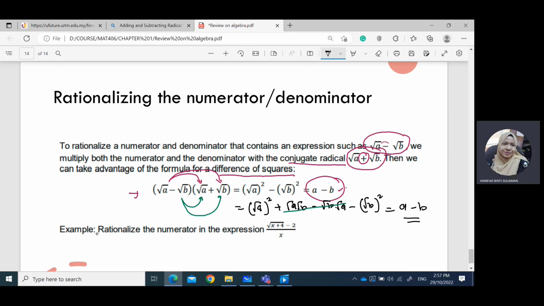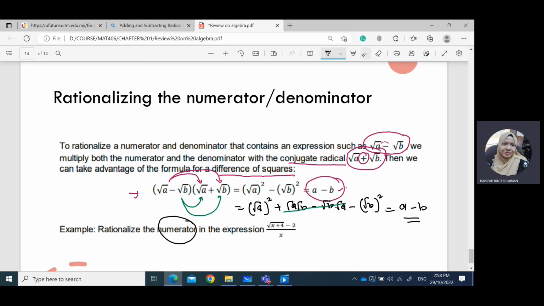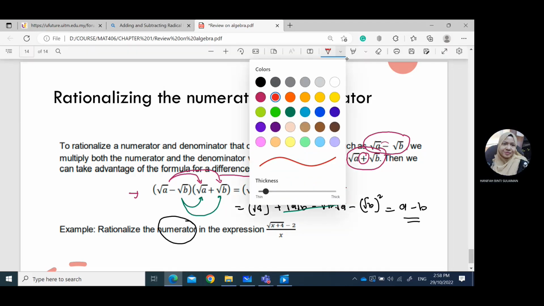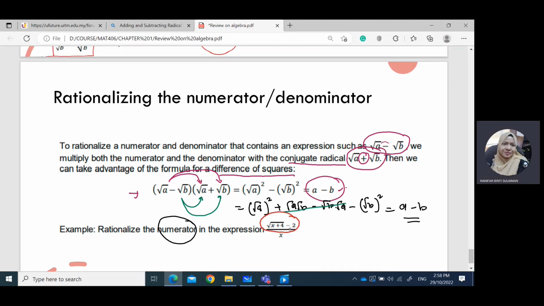Okay, so now look at this example. This example asks you to rationalize the numerator in the expression of square root of x plus 4 minus 2 over x. So now what we want to do here is rationalize the numerator. So which one is the numerator? This numerator, which is square root of x plus 4 minus 2.